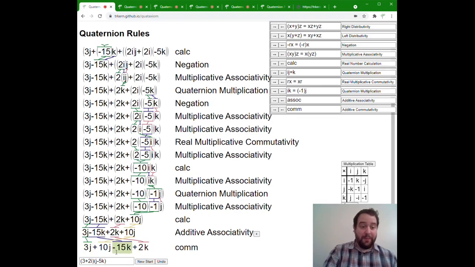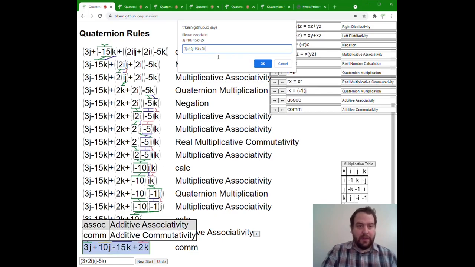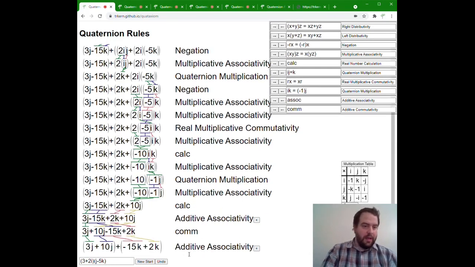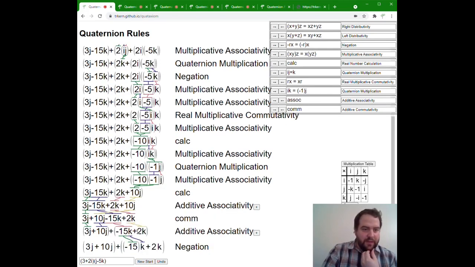My next step is going to be to put parentheses back in using associativity so that I can combine like terms, and then I'm going to need to turn this negative 15k back into a negative 15 times k, so that I can combine these like terms.